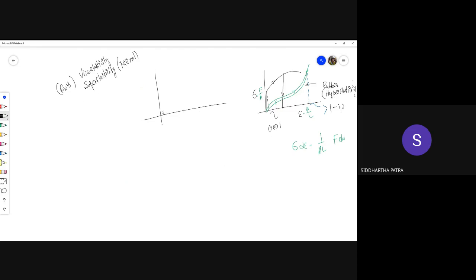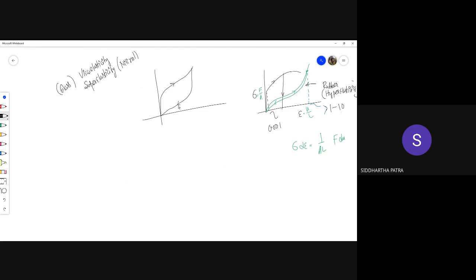So one is viscoelasticity and hyperelasticity, which would typically look something like this, when loading and when unloading, possibly something like this.